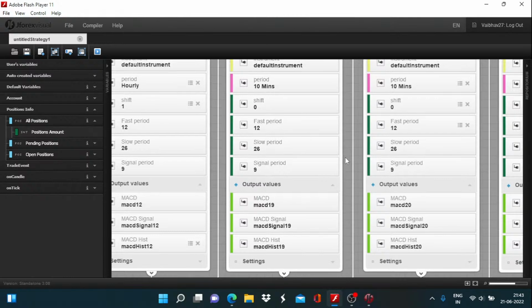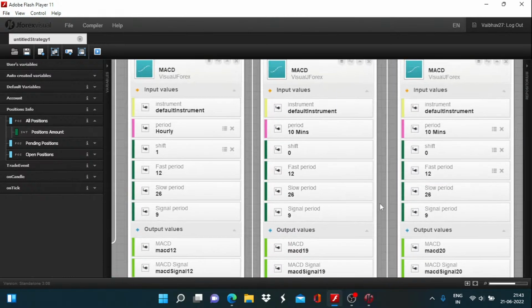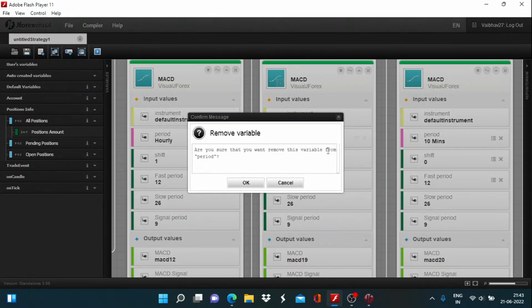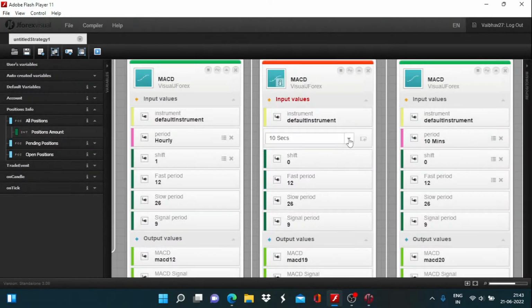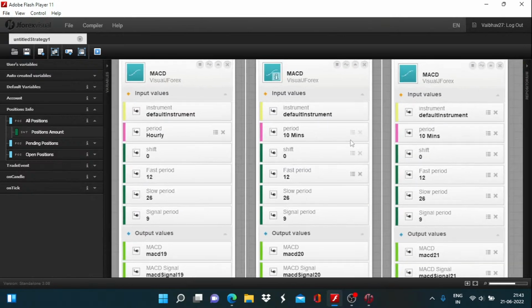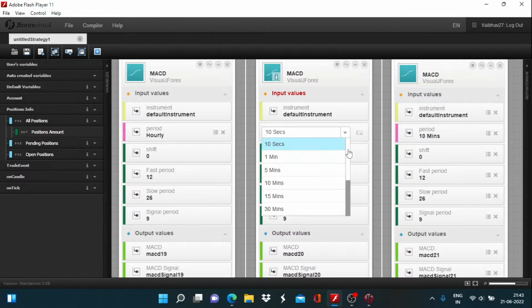Now coming to defining of these input parameters, this will be changed to hourly. All these 4 MACD indicator blocks are going to be hourly time frame.